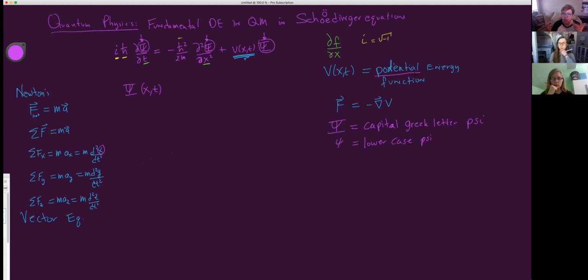They're different units: one's joules and one's volts. So don't be confused. It is literally potential energy and has the units of energy. It's just that no one calls it potential energy function; they call it potential.